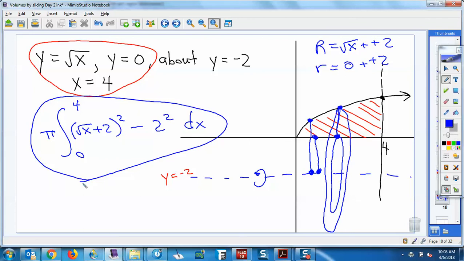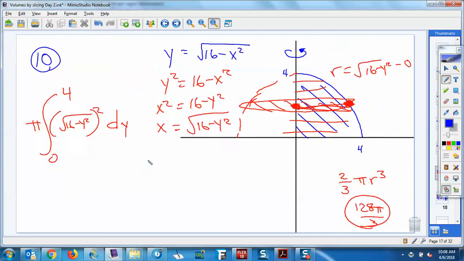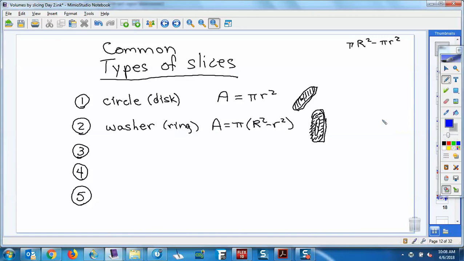All right. Last thing that we want to talk about is what other slices can we have? Well, those two that I just gave you. Back to our notes here. These two are often called our solids of revolution, because anytime you revolve a region, the very act of revolving is going to give you circular shaped slices.